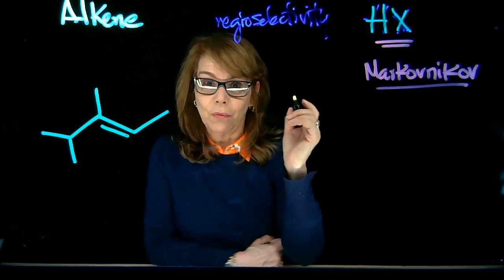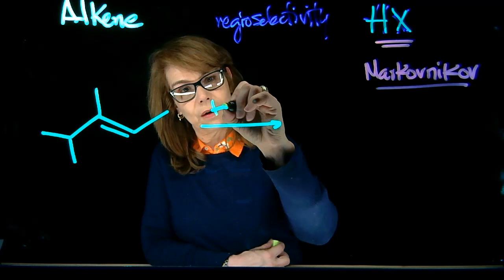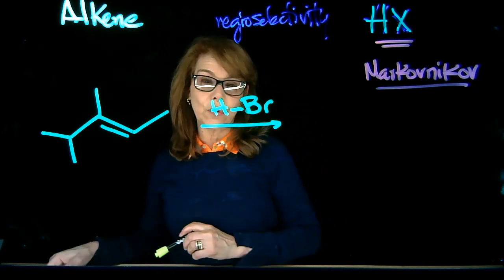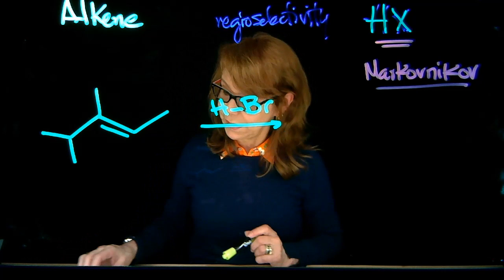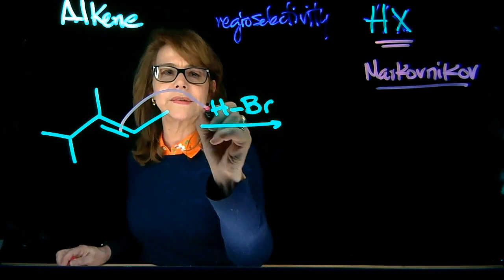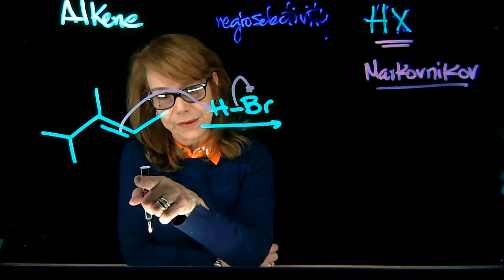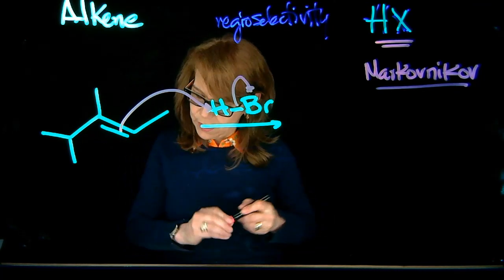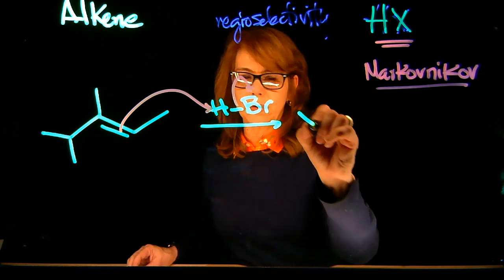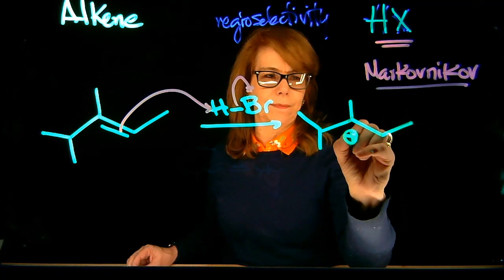What we learned about Markovnikov rules and regioselectivity of hydrohalogenation is that we form the more stable carbocation, and we first have the proton transfer step, in which you add the hydrogen at the least substituted carbon so that you form the more stable carbocation. So adding the hydrogen here is going to produce the following carbocation.